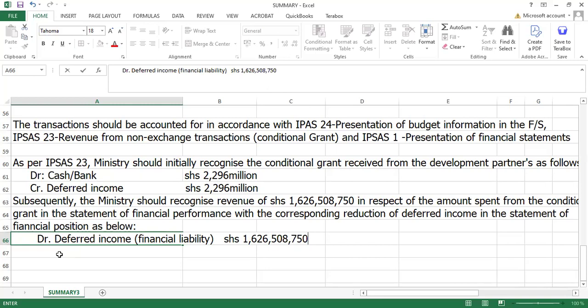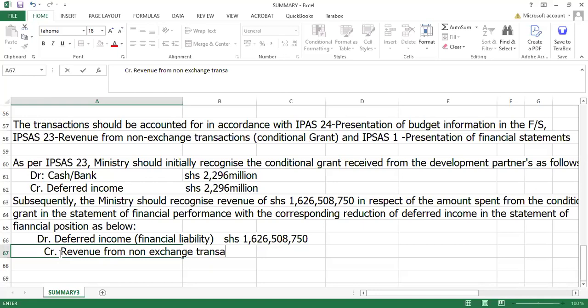Then you're crediting. Now you recognize the real income, that is, you credit the revenue from non-exchange transaction.